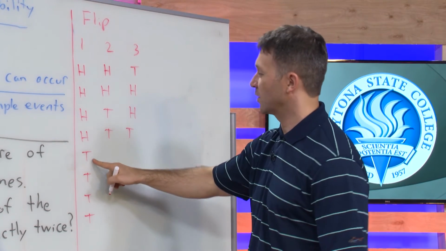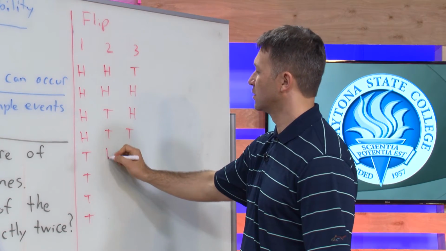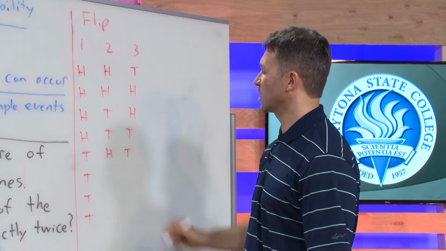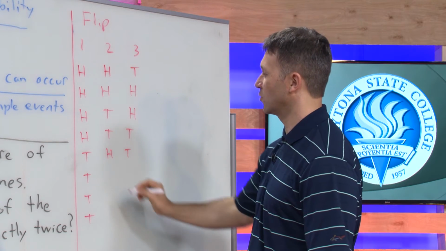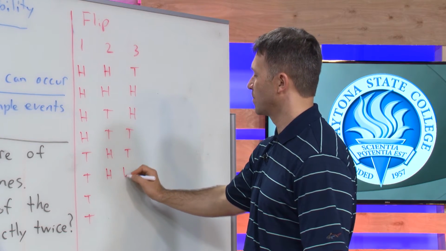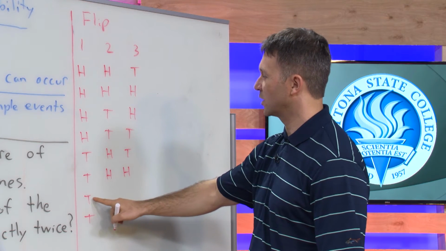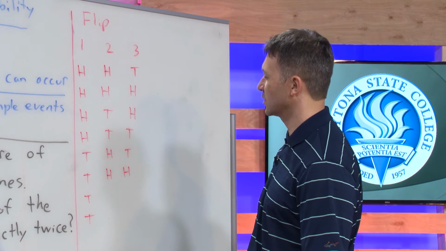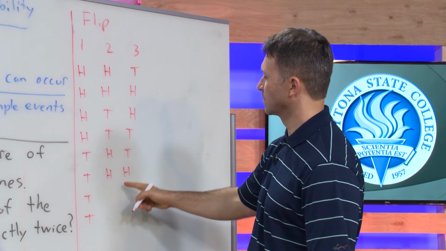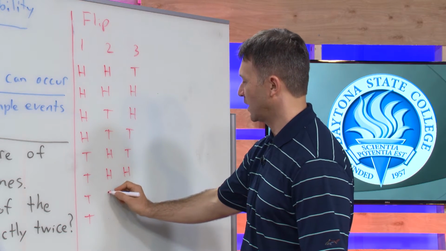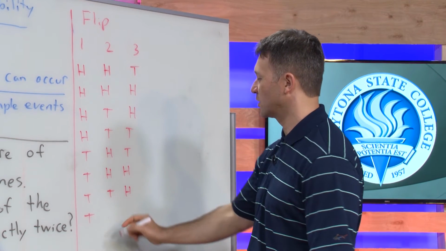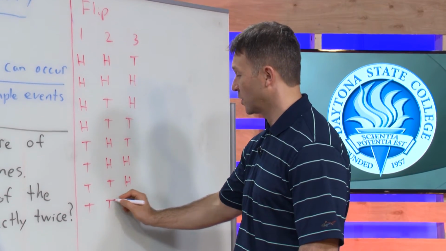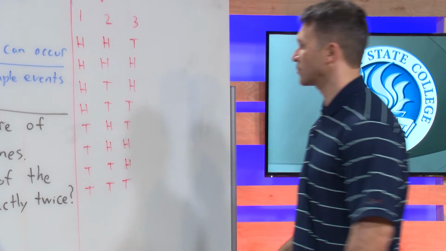Let's see. If I get tails, I could get heads on the second, tails on the third, or I could get heads and heads, or I could get tails and then, let me see what I'm missing. I could get tails and heads, that's yet another possibility, or I could get tails on the first, tails on the second, tails on the third.